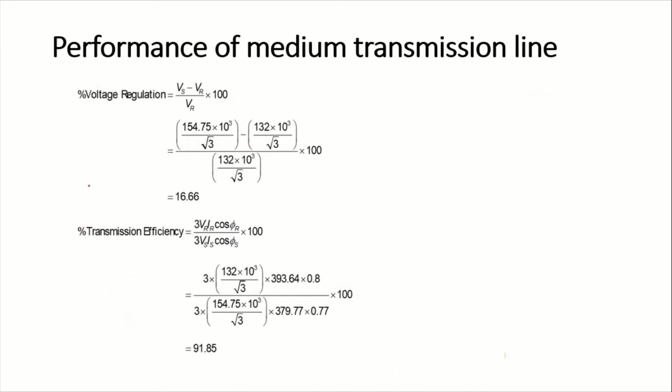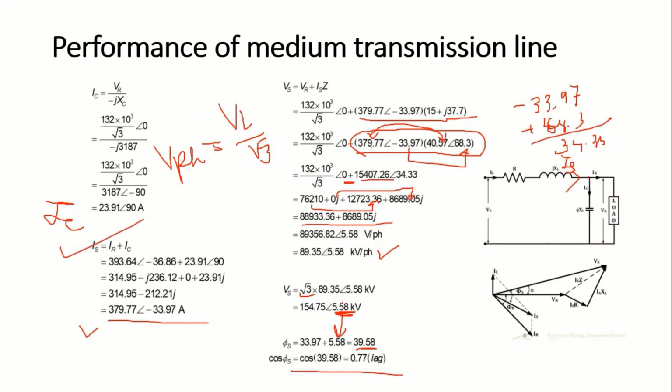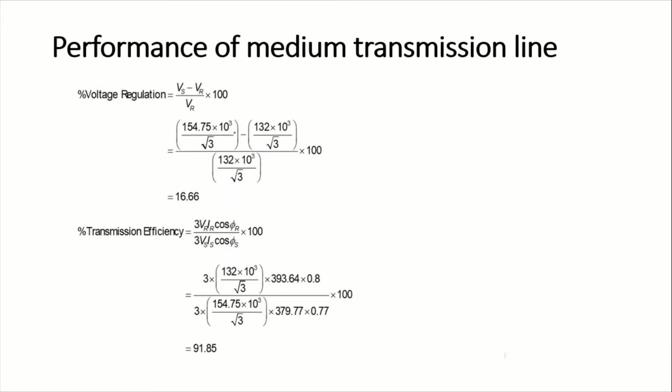Now voltage regulation is Vs minus Vr upon Vr. Vs we find as 154.75 into 10 raised to 3 because of kV, divided by √3, minus 132 into 10 raised to 3 divided by √3, divided by the receiving end voltage, and we get this term.